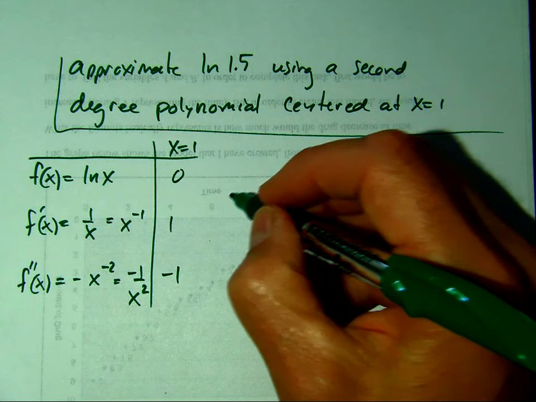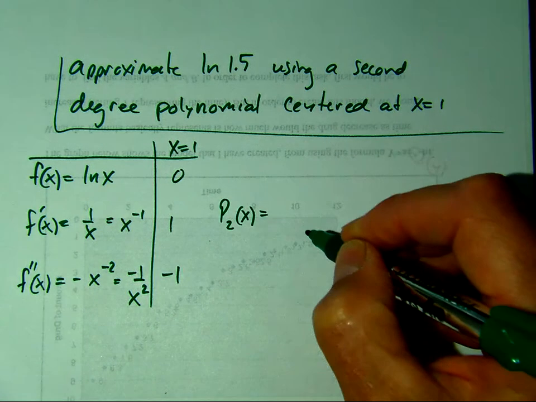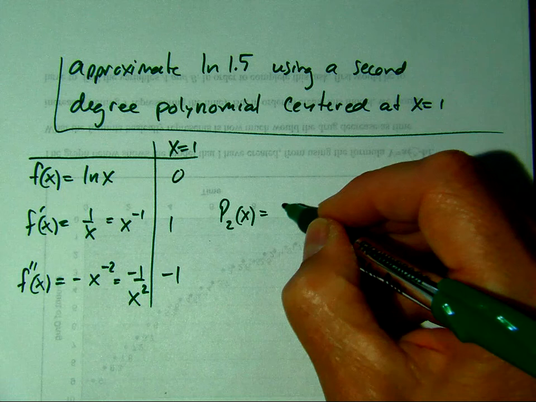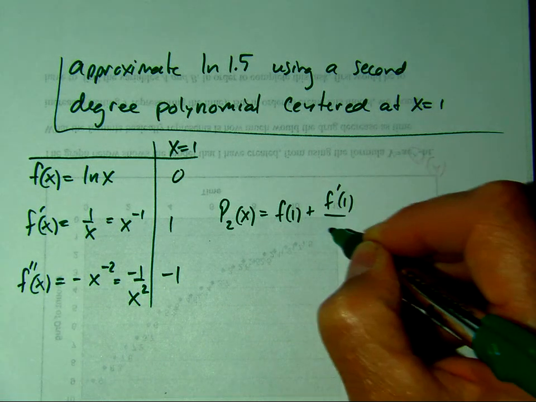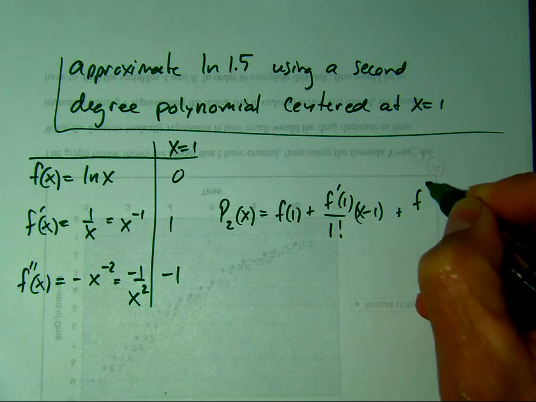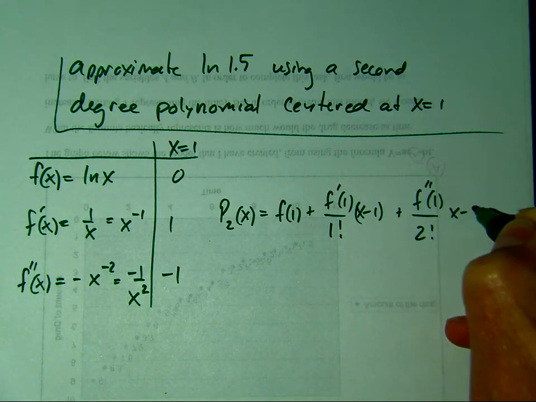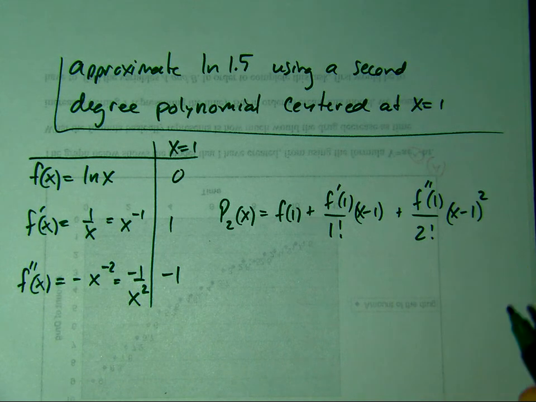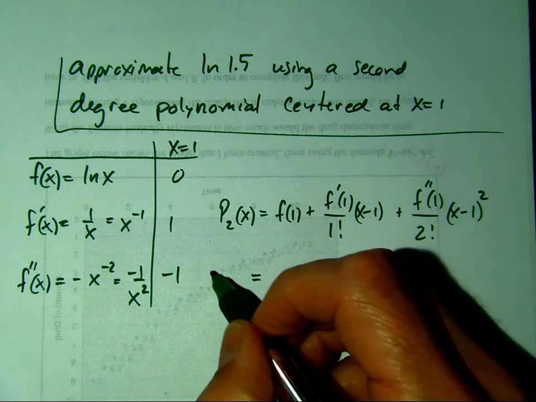The second degree polynomial centered at 1 is f of 1 plus f prime of 1 over 1 factorial times (x minus 1), plus f double prime of 1 over 2 factorial times (x minus 1) squared. Let's evaluate it.